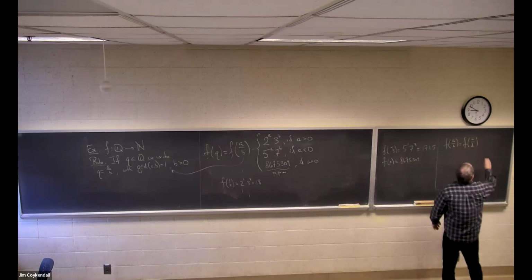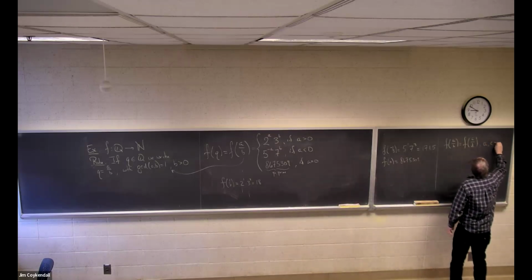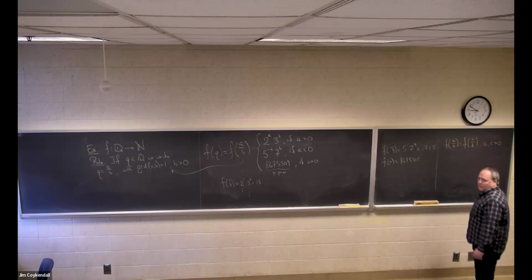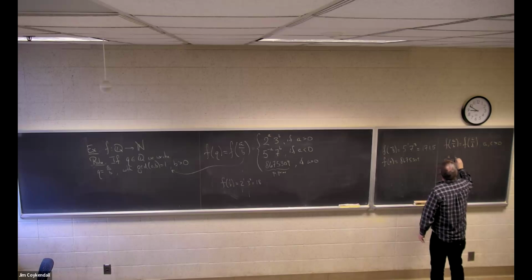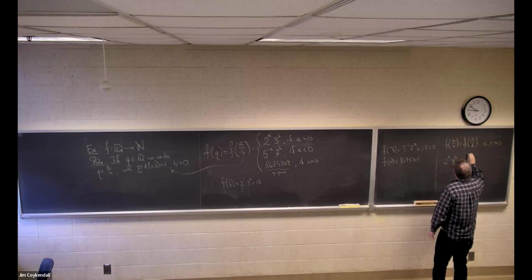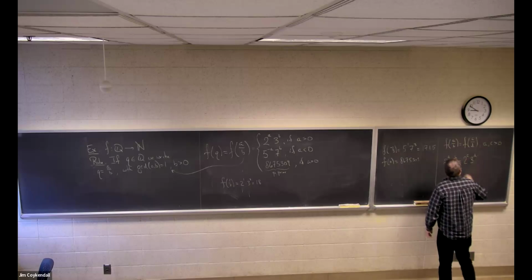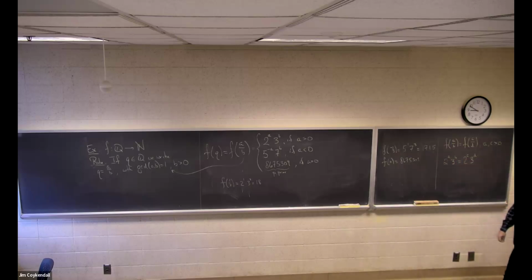Now let's suppose that A and C are both positive. This means that 2 to the A, 3 to the B is equal to 2 to the C, 3 to the D. Everybody agree with that? What does that mean?